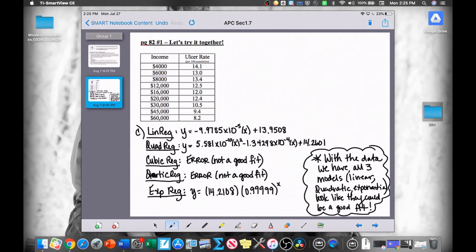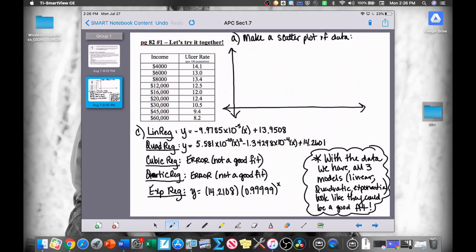So kind of going back, letter A in the book for this problem asks us to make a scatter plot of the data. Okay, and then it asks if a linear model is appropriate, right? So on your paper, you can make a scatter plot of the data.